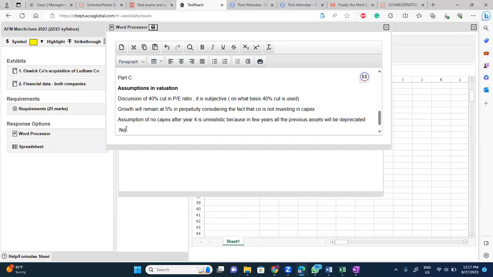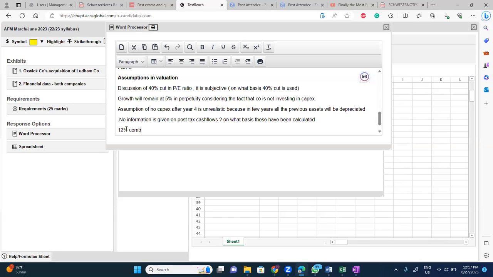By the way, no information is given on post-tax cash flows. You can raise the question here of on what basis these have been calculated.